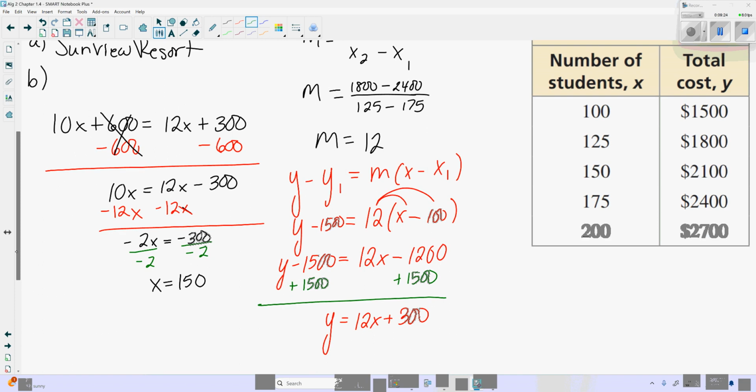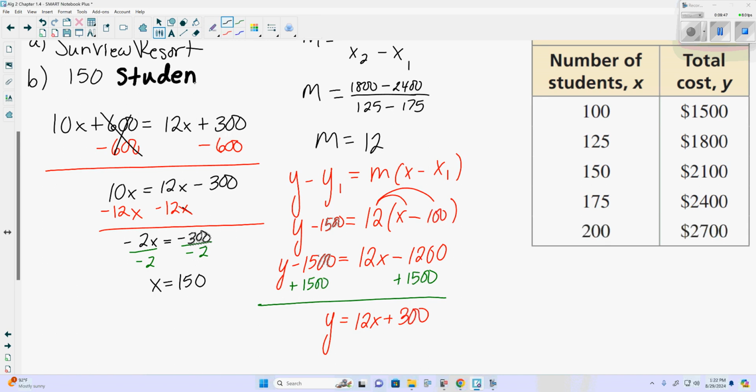So how many students would it take for the two to be the same? 150. It would be 150 students.